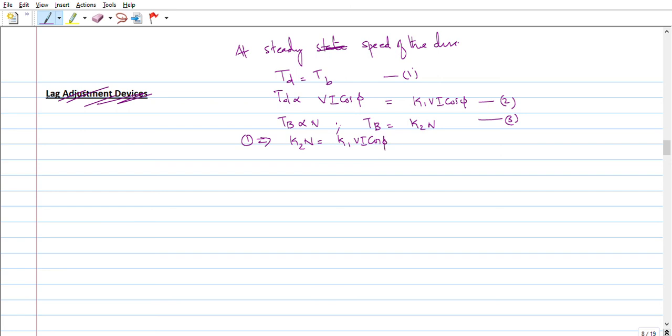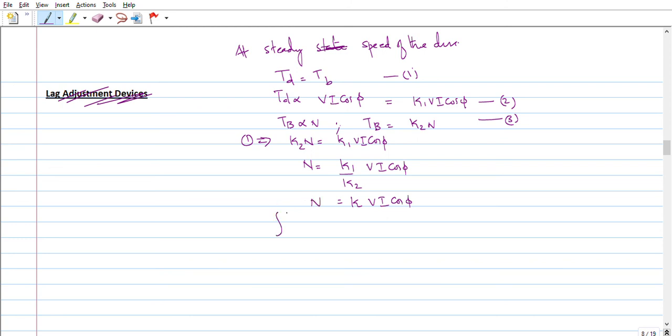Therefore N is equal to K1 by K2 into VI cos phi. K1 by K2 is another constant K, so N is equal to K into VI cos phi.